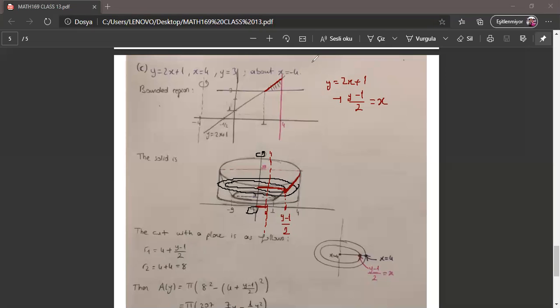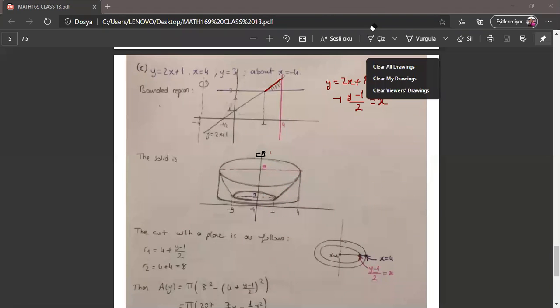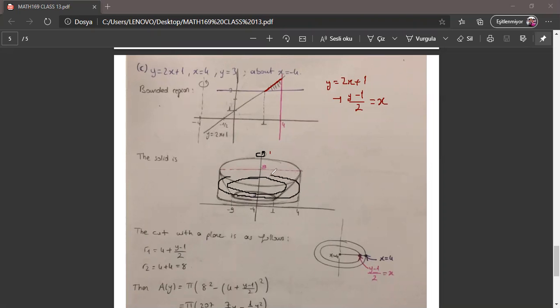Now, what about R2? Okay, we need to draw it again. So here we had the cut, and this is R2. So we touch here.